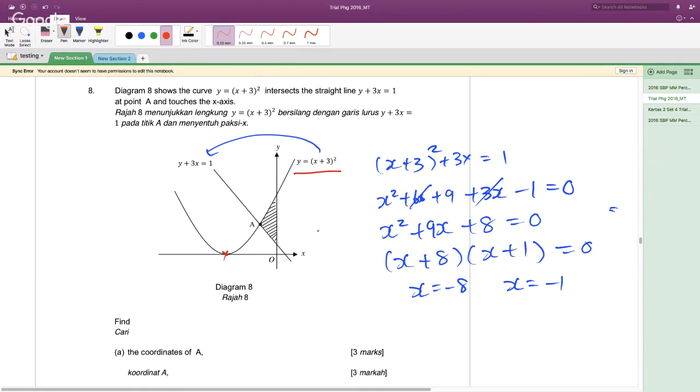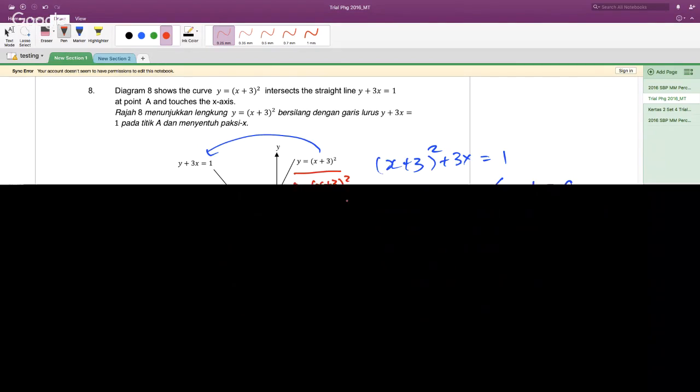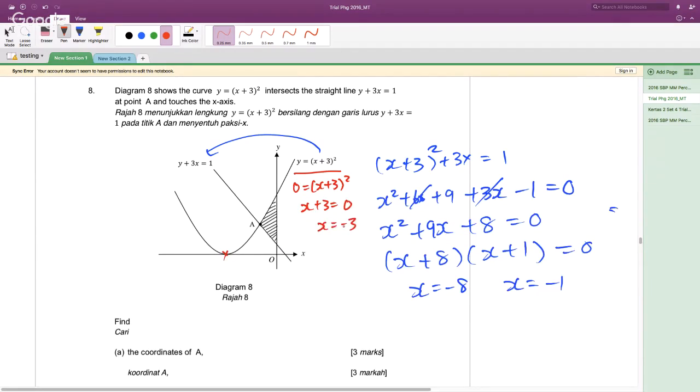This is the equation of the curve, so 0 equals x plus 3 squared. So x plus 3 equals the square root of 0, which is 0, so x equals negative 3. If this one is negative 3, that means this value should be bigger than negative 3, which is negative 1. So I will reject the other value.